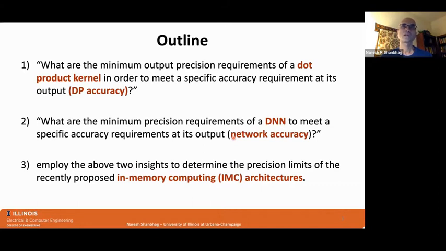The jury is still out as to how in-memory architectures fit in the big picture, in the scheme of things, but they do present very unique and quite amazing energy delay product gains over digital architectures. And that's why there's a lot of interest today in such architectures.